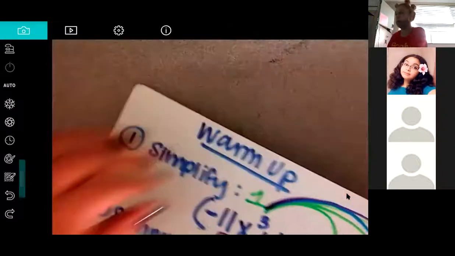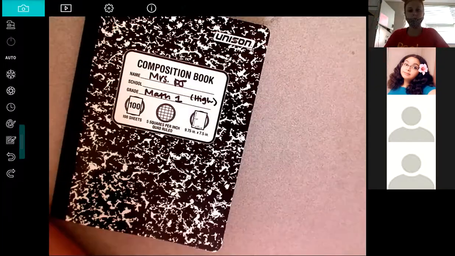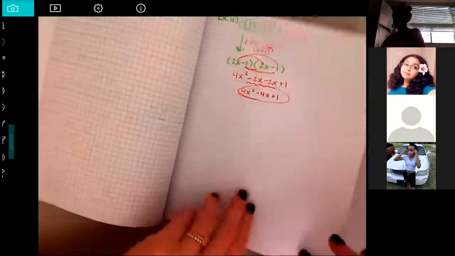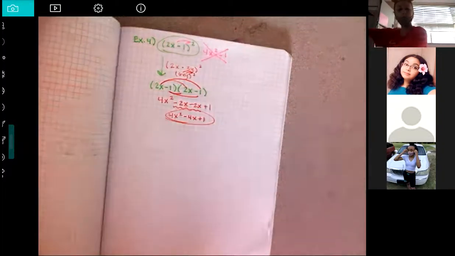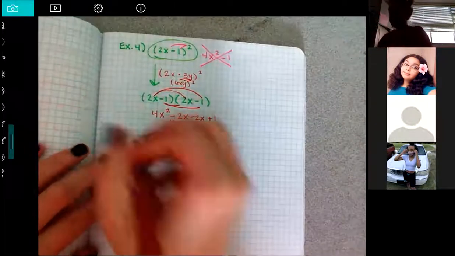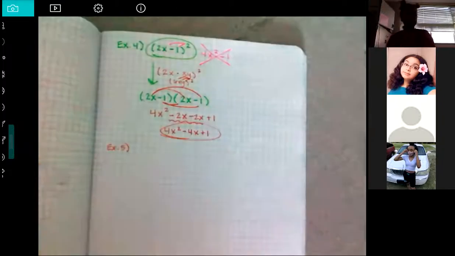All right, let's do these couple of examples. So look, these are going to go on the same page in your notebook from yesterday because it's nothing new. So I'm still on page 29. I got 2 more examples for y'all today. If you need more than 2, I can do a third one.